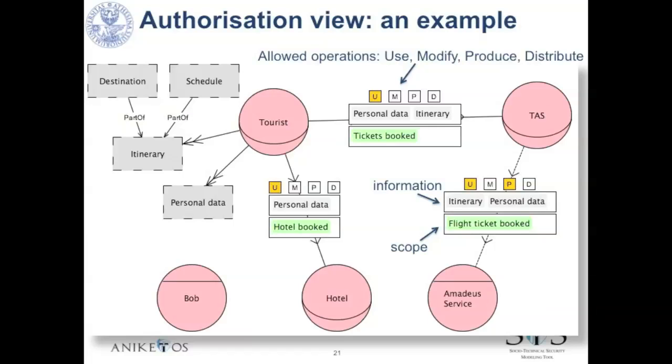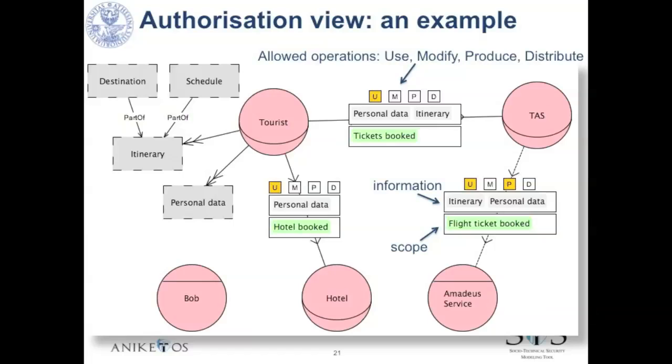They actually refer to the attributes, so the allowed operations one can perform on the information: use, modify, produce, and distribute. The second slot refers to the information for which one is passing authority. So tourist is actually authorizing TAS to use his personal data and itinerary.